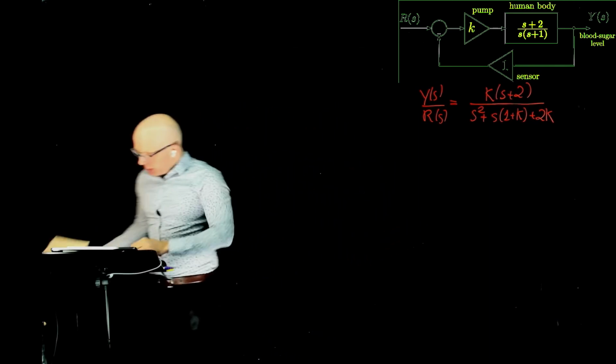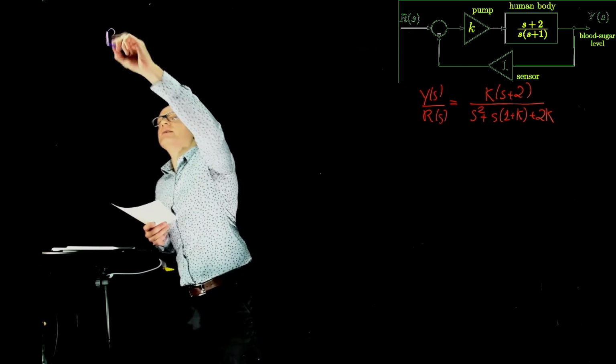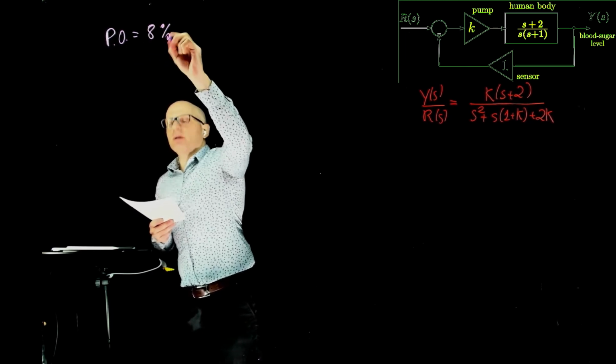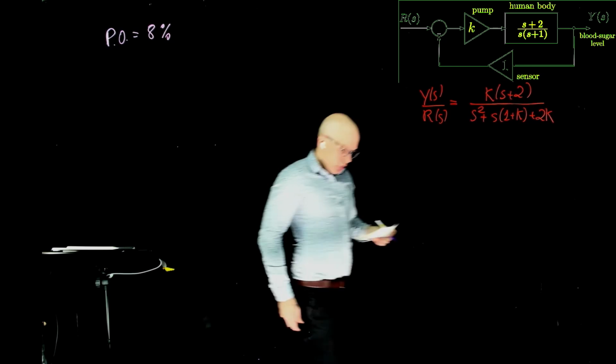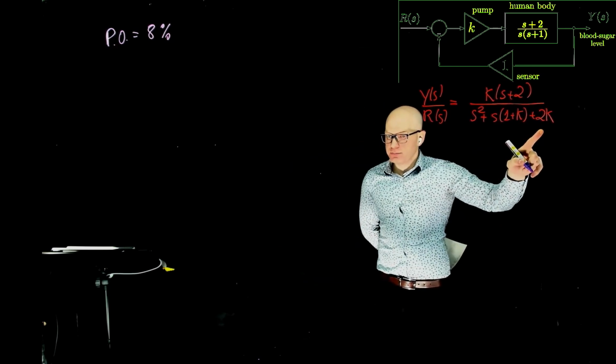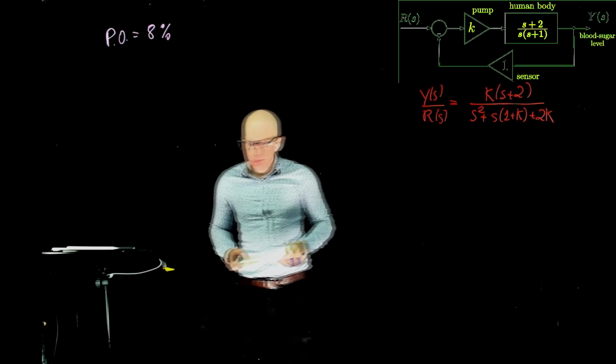Let's assume that we want a percent overshoot of 8%. No more than 8% instead of 7. What do we do now? Well, from the standard form, we can find omega n and zeta. And you know that the percent overshoot only depends on zeta.